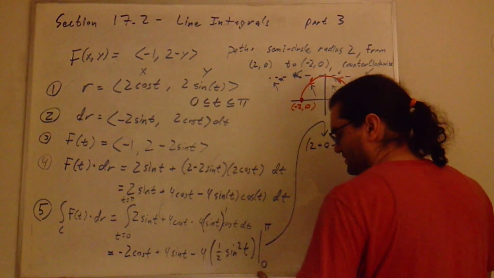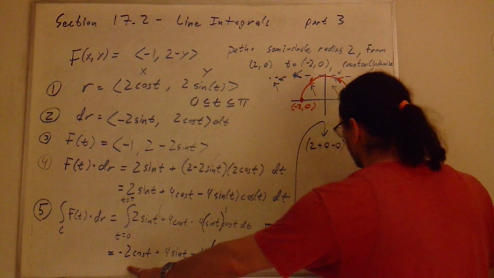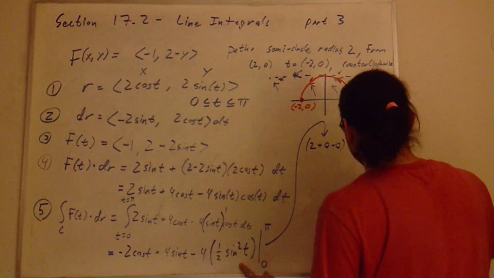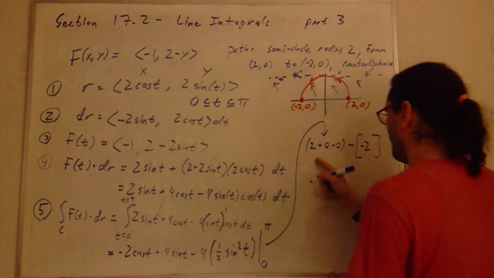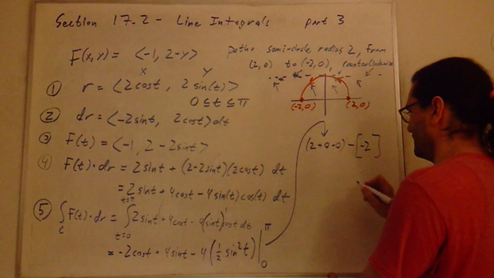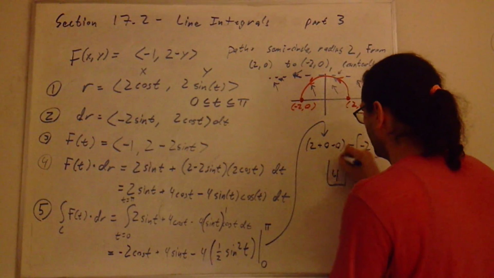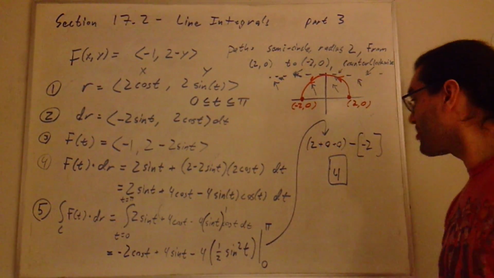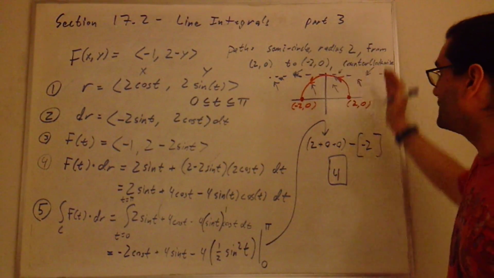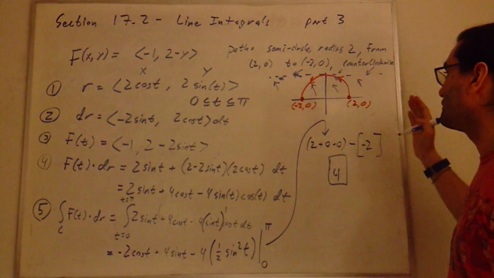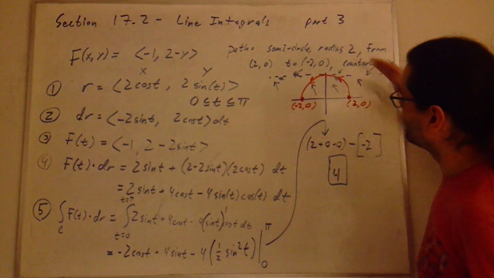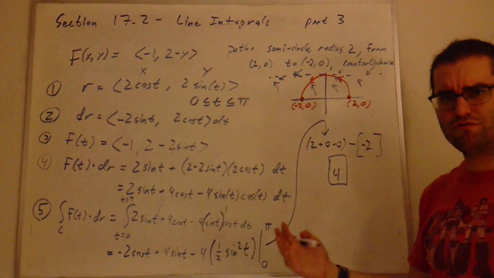The cosine of 0 is 1, so it's going to be -2. Sine of 0 is 0, cosine of 0 is 0, so yeah, just 4, sorry, 2 minus -2 is 4. So, as we expected, we got a positive number, because the vector field kind of pushes us this way. We were going in that direction sort of more or less anyway.